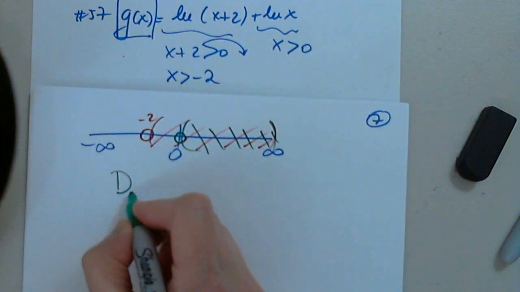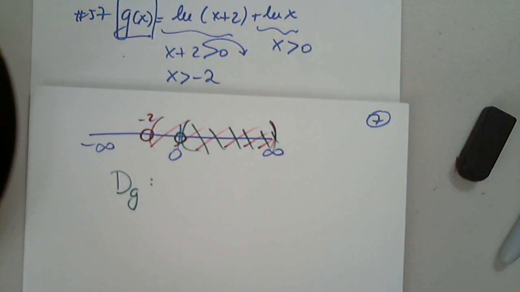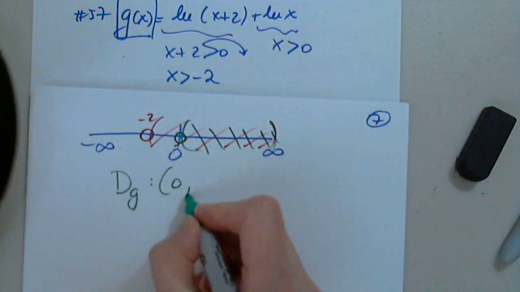What will be the domain of G? So that both exist at the same time for G to exist. Would it be 0 to infinity? Absolutely, where both colors exist.